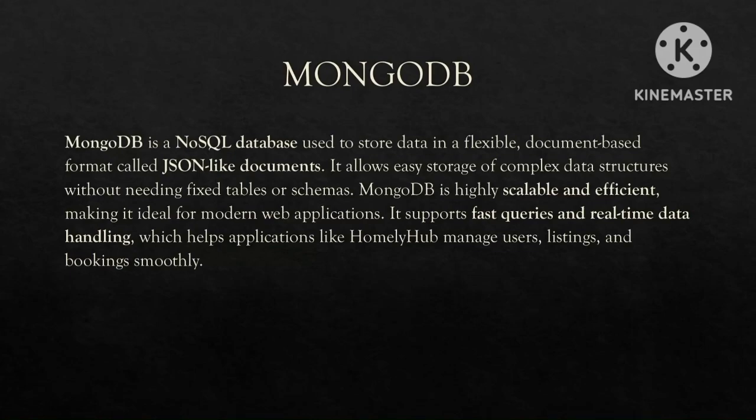It supports fast queries and real-time data handling, which help applications like Homely Hub manage user listings and bookings smoothly. We have used three different collections, one for user, another for property list, and the last one for booking.